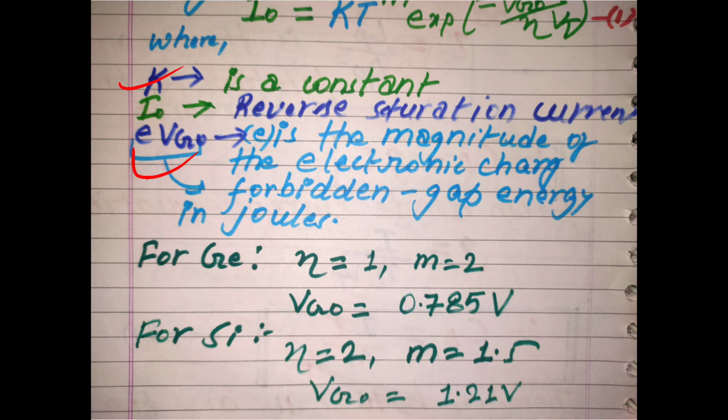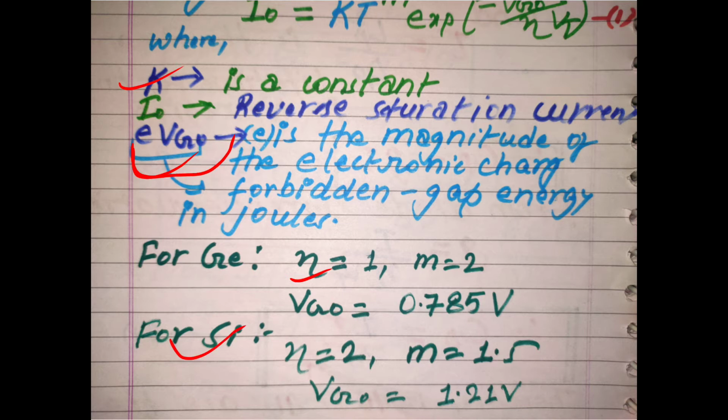Here e is the magnitude of the electronic charge and Vg naught is the forbidden gap energy, so this total term e Vg naught is the forbidden gap energy in joules. For germanium, eta, the ideality factor, is equal to 1, m is equal to 2, and Vg naught is equal to 0.785 volt.